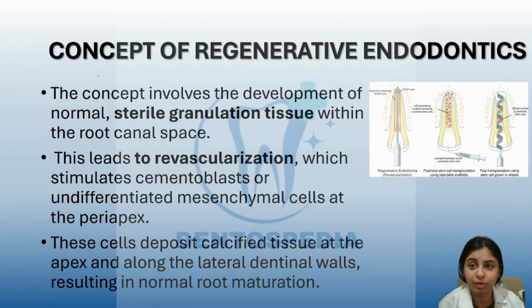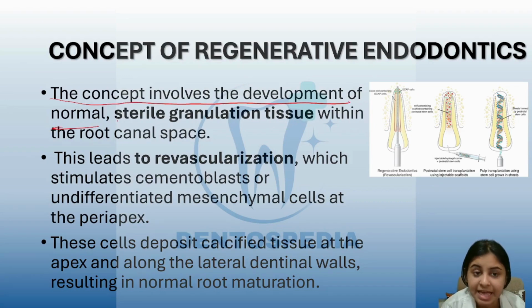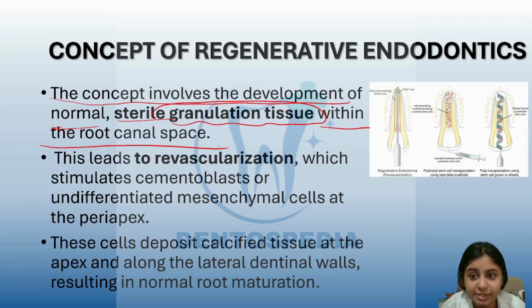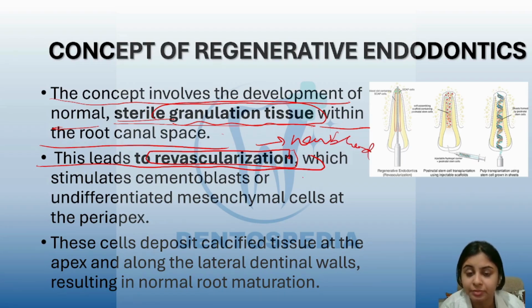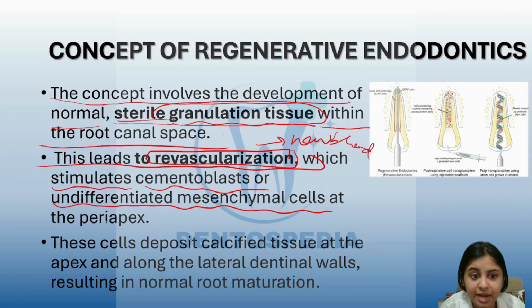Now coming to concept of this regenerative endodontics, the concept involves the development of normal and sterile granulation tissue within the root canal space. So the concept is to grow granulation tissue, which leads to revascularization, means new blood flow, that means the vascularization in the particular tissue, and which stimulates the cementoblast and undifferentiated mesenchymal cells at the periapex.